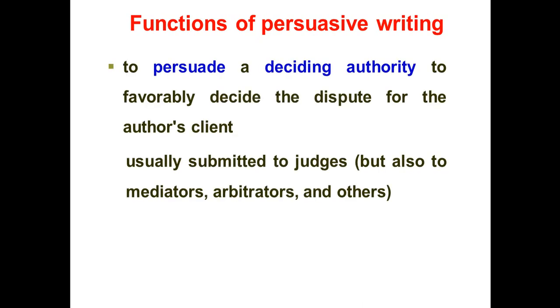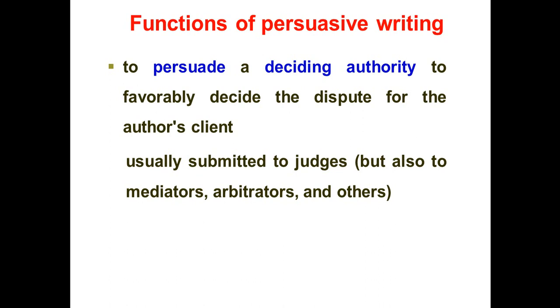So the question: what are the functions of persuasive writing? Persuasive writing is used to persuade a deciding authority to favorably decide the dispute for the author's client. It's usually submitted to judges, but sometimes if you bring your case to arbitrators or mediators, it is also submitted to them, to persuade them to decide favorably for your case.